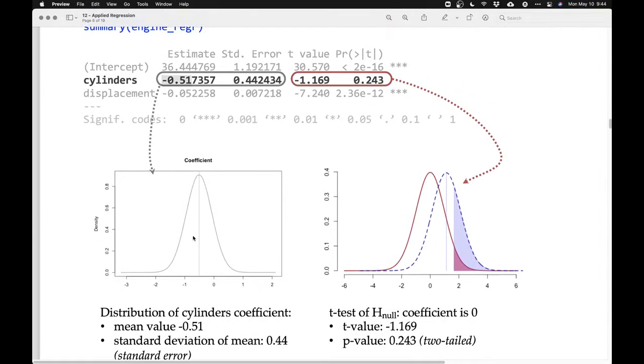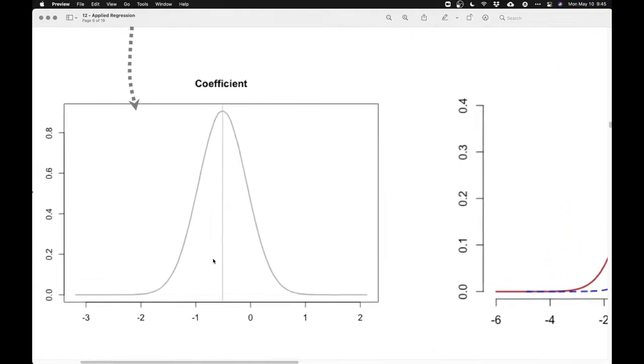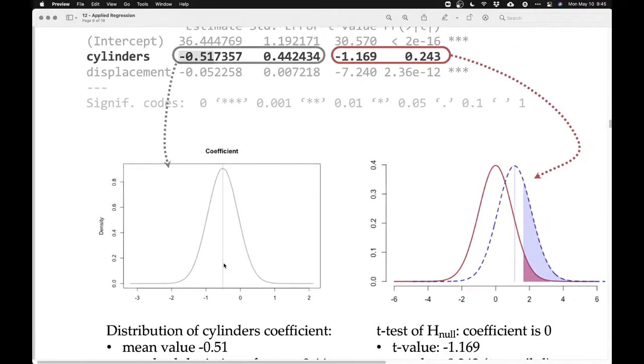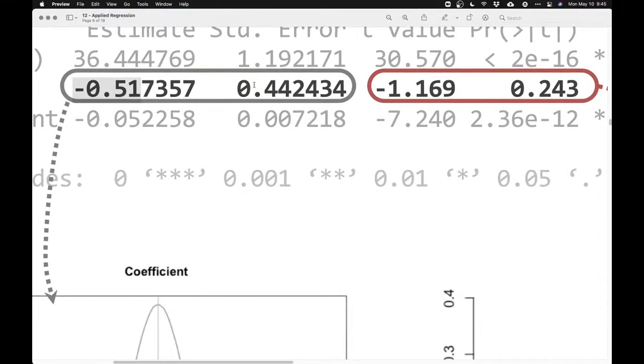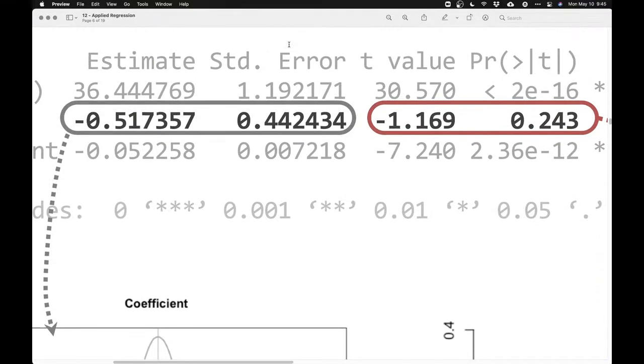And the dispersion of this distribution, so how different can the coefficient be from what we got? The estimated standard deviation of this distribution is given right here. It's called the standard error. So we're being told this is the estimated slope, but it has a standard deviation of 0.44.